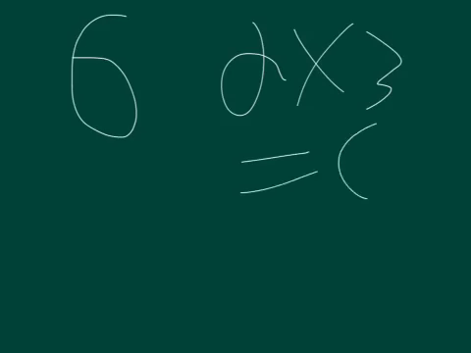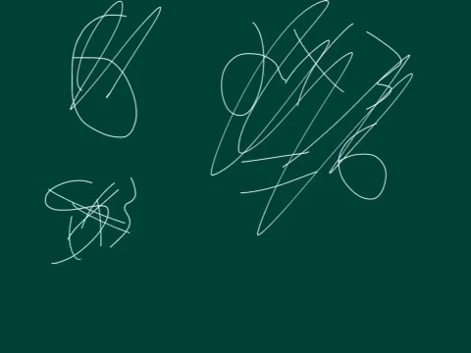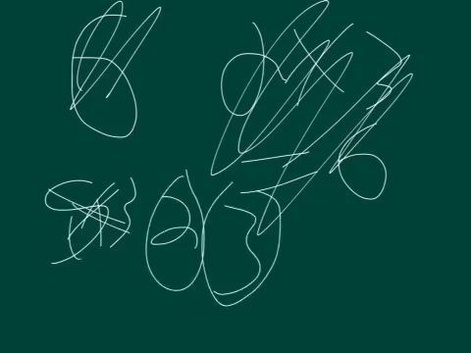So, if you do 2 times 3, it equals 6. Now, if you do 53, it isn't divisible by 6 because it's not divisible by 2 and 3. So, it can't be 6.